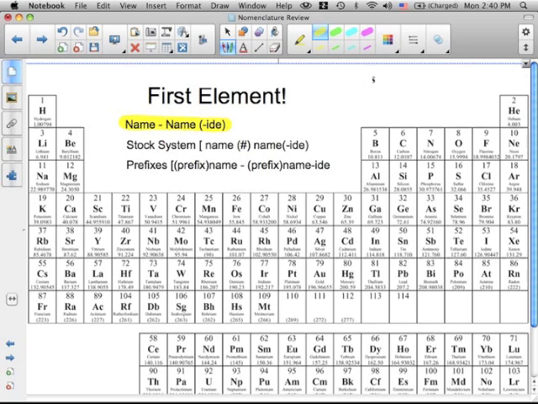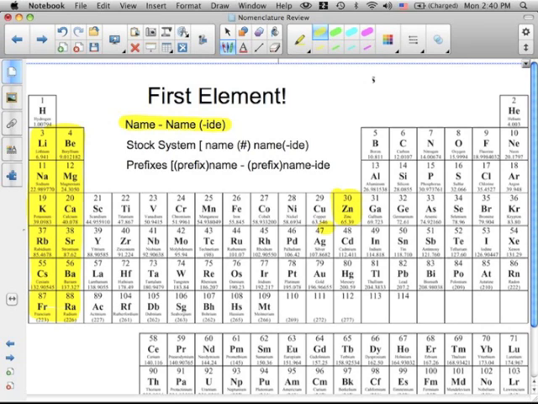If the first element is in group 1 or 2, it will be named simply by naming the cation and then naming the anion. Also, remember our exceptions, zinc and silver.